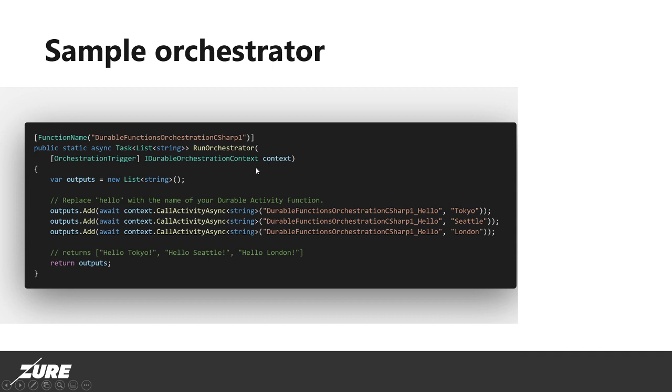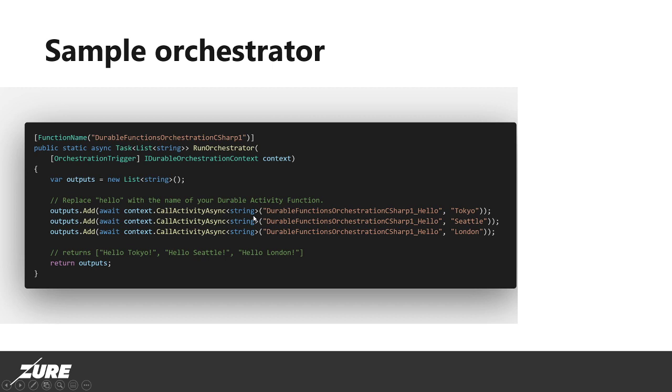This function is pretty simple. It creates a list of strings and then calls an activity 3 times with different inputs. You can see we use the call activity async function on the context to trigger an activity. And we also see that the activity returns a string.